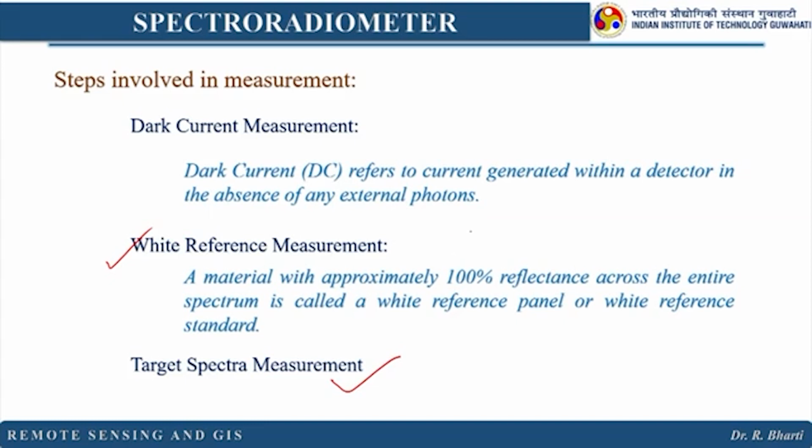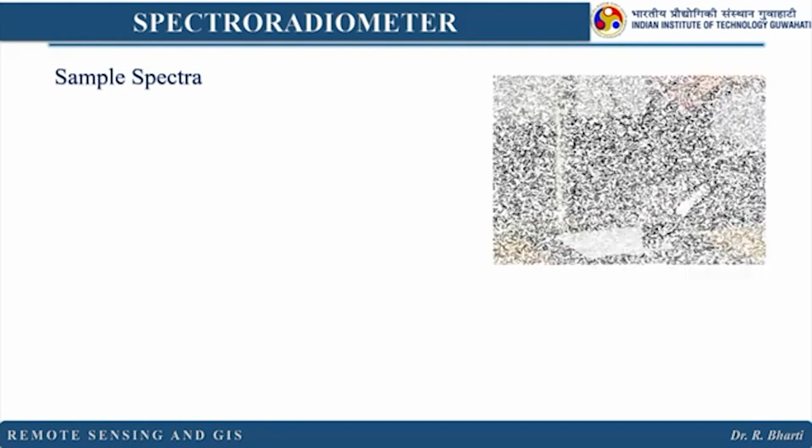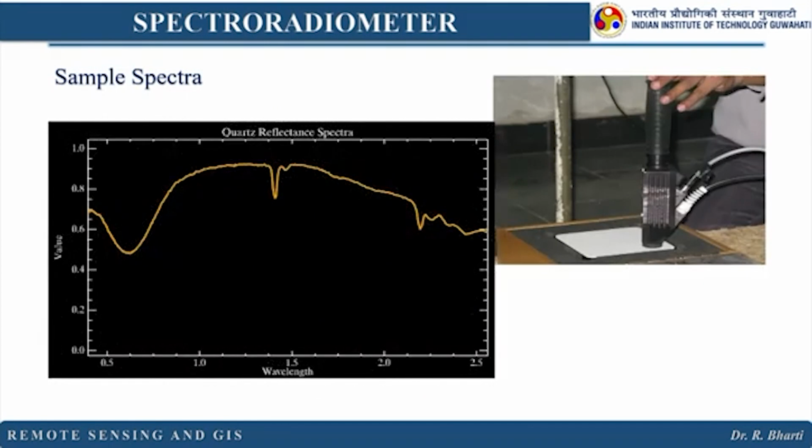But here we use a spectral panel, but here we will remove that and we will directly focus on our sample, right. And once you do that, then you will have this kind of spectral signature. Here is one example where you have a handheld probe, right.